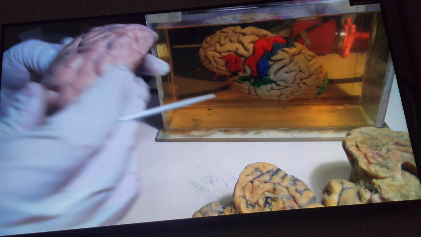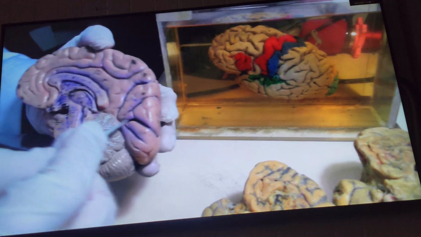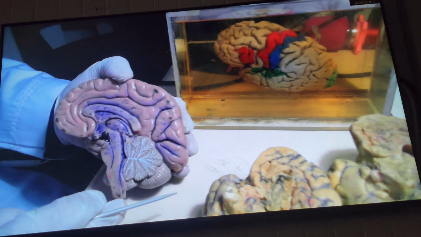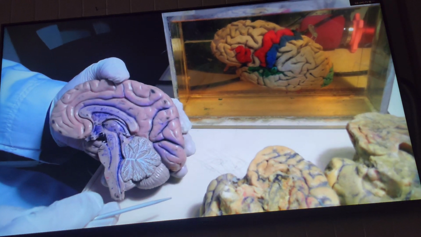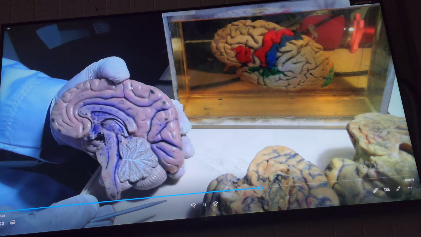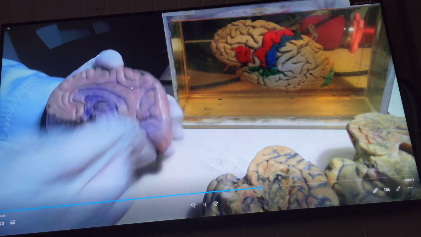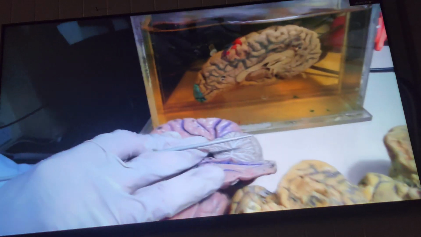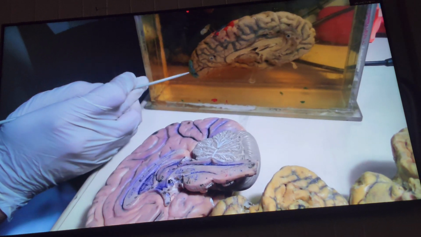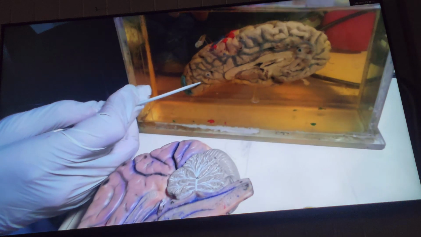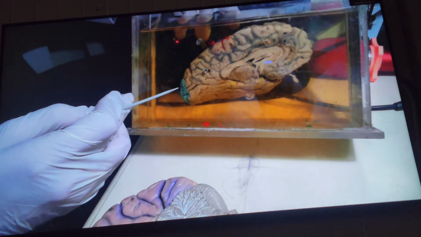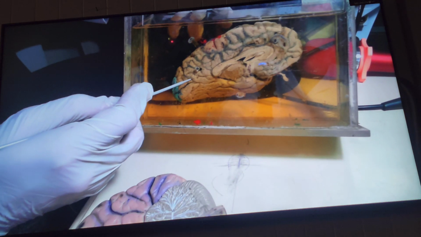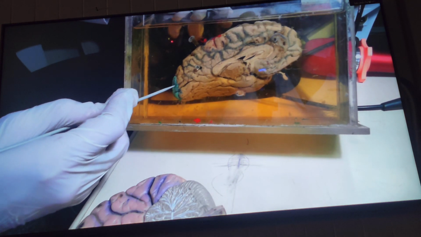What about the occipital lobe? The occipital lobe here, you can see, is the visual area 17. The visual area is also called the striate area because it contains the stria of Gennari, which is located along the calcarine sulcus.